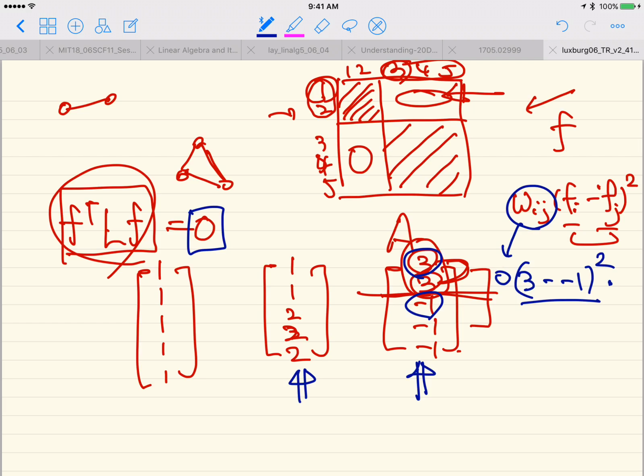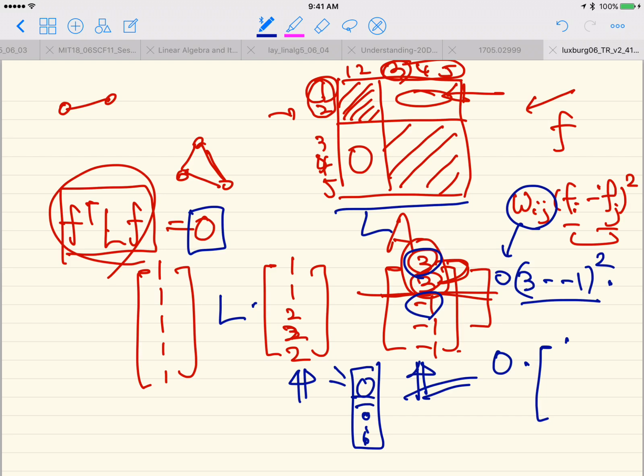Take L times this vector, and it will always give you the 0 vector, right? Which means this can be represented as 0 times this vector, 1, 1, 2, 2, 2. So all of these are your eigenvectors.